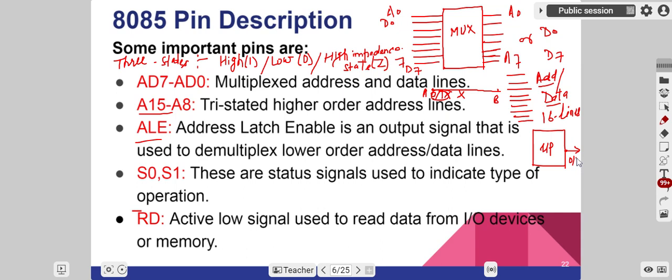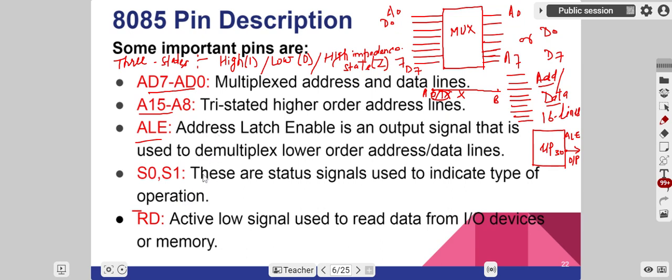So that's why it is called an output line. ALE is an output line which is provided to a demultiplexer, where that demultiplexer demultiplexes the address and data multiplexed bus. So these address data lines which are multiplexed are demultiplexed with the help of this address latch enable pin.